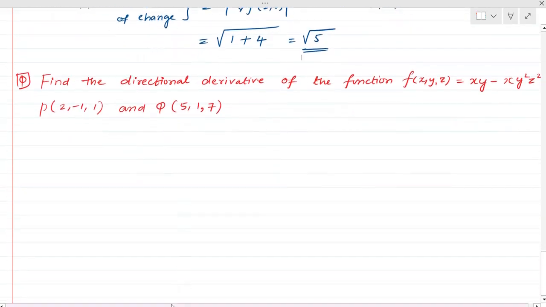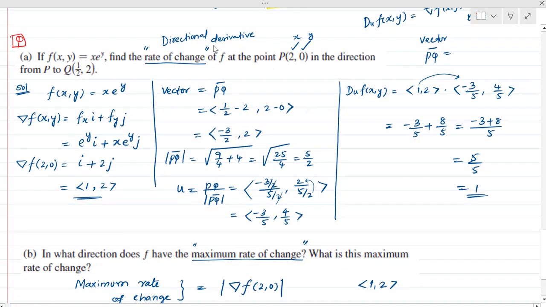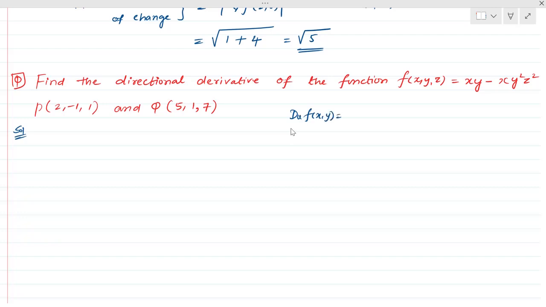Now the last problem of this topic is the same thing, but in 3 dimensions. Same story. We were dealing with 2 dimensions, x and y only, but here you will have x, y and z. Same rule, nothing changed, no new things. First I will calculate the gradient vector of f of x, y, z, and then take its dot product with the unit vector.